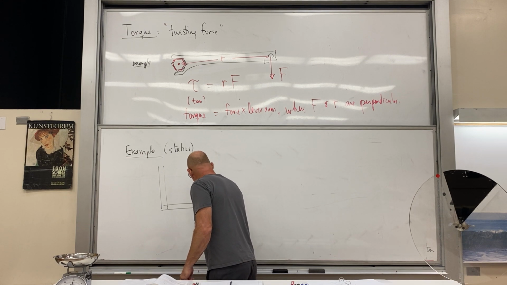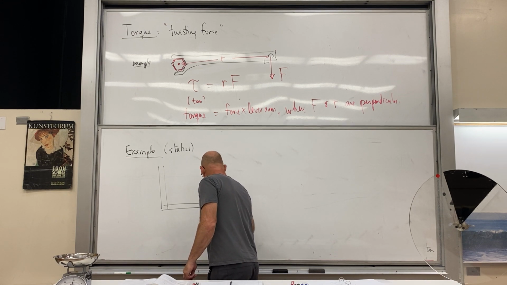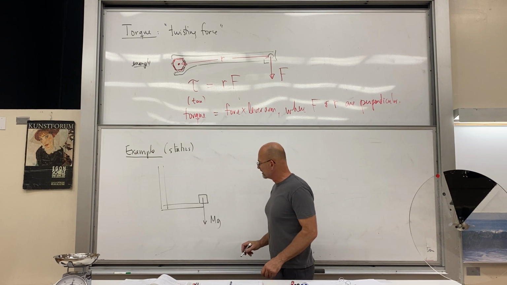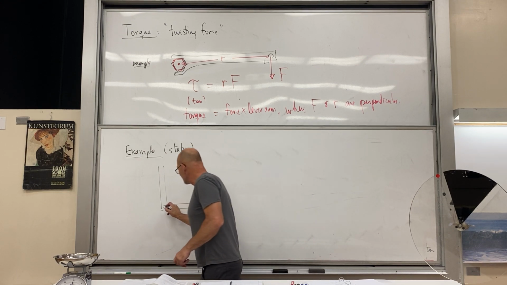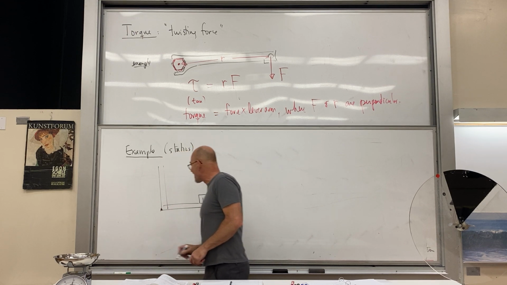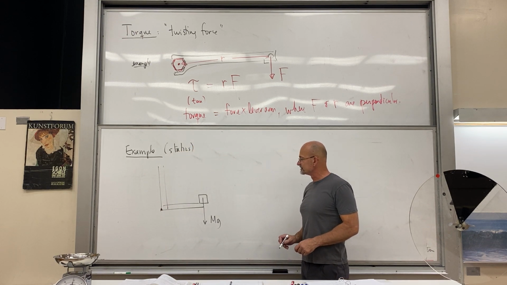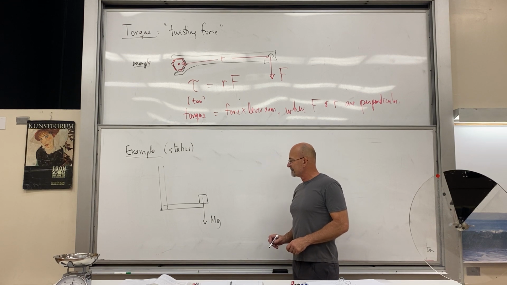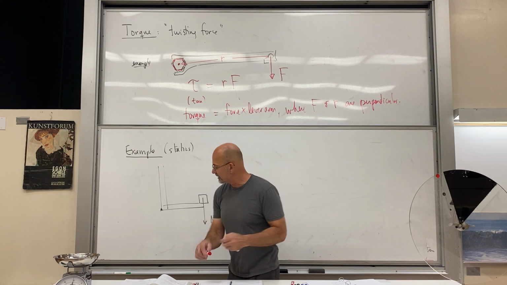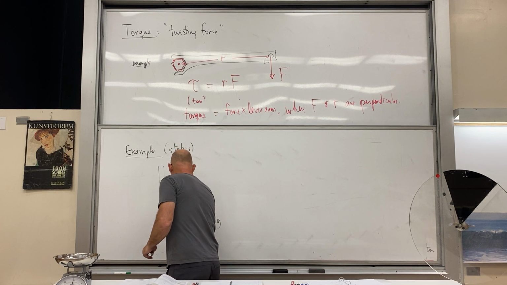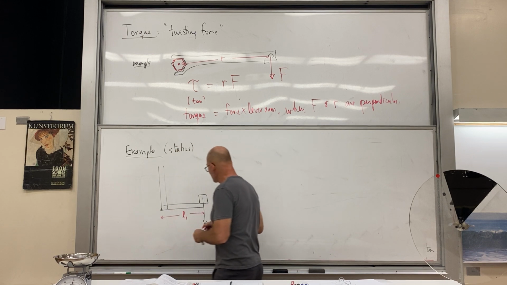So now we have mg, and where's the axis? Well, it's going to be somewhere in my elbow, right there. So I've got a torque, and we're going to use a different color to label this. I'm going to use a length L1 that goes all the way to there.